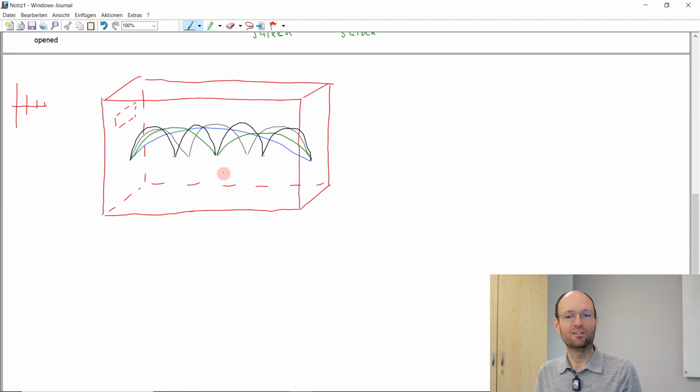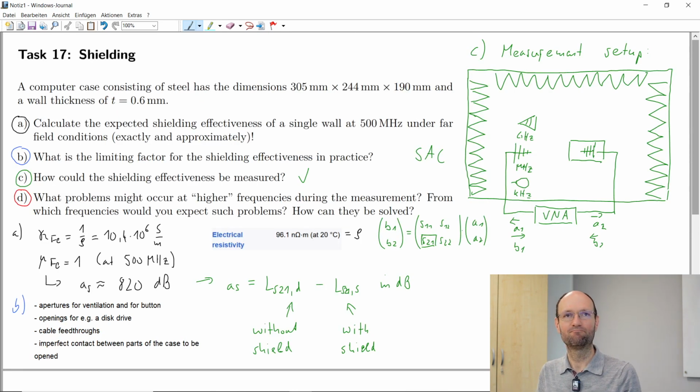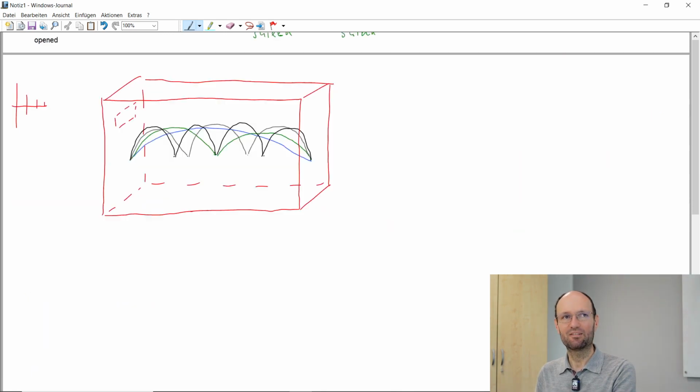And going back to the question, what is now the problem if we do the measurement like this, if we directly measure this? Imagine we have our antenna on the outside, and now we are measuring the field on the inside. It depends on where we do the measurement.